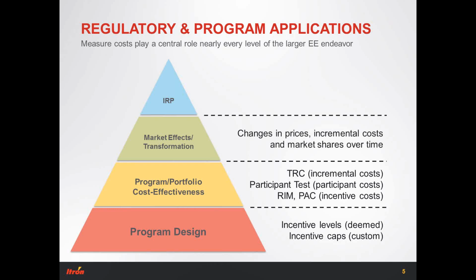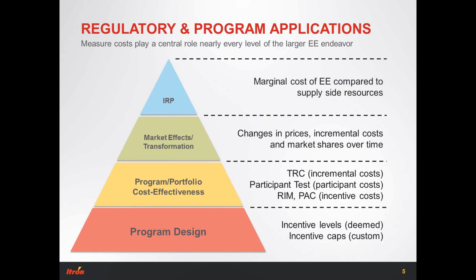In jurisdictions where you have market transformation goals, the key metrics that you really want to track progress towards market transformation are prices and incremental costs over time. Without that, you're not really sure how much market transformation is really going on. And then at the top of the pyramid, we have IRP, or Integrated Resource Planning.